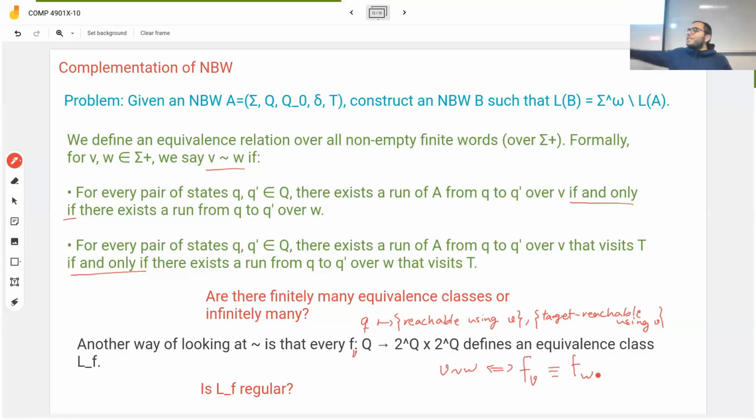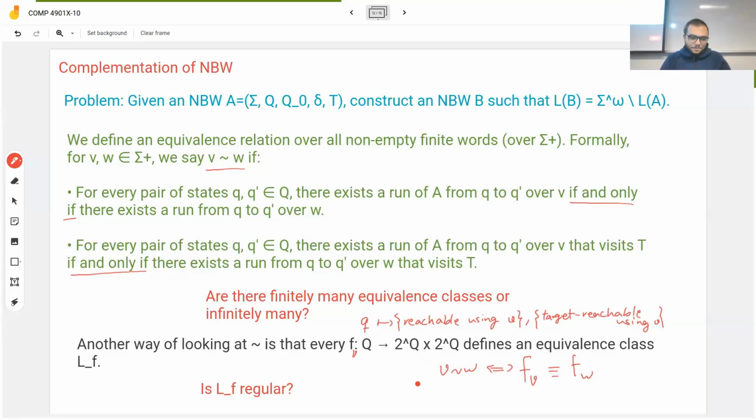And now it's obvious that it's finite, right? Because Q is a finite set. So 2 to the power of Q, the subsets of Q, that's also a finite set. So 2 to the Q times 2 to the Q is also a finite set. So you have the number of functions from a finite set to a finite set. It's finite. It's huge, but it's finite.